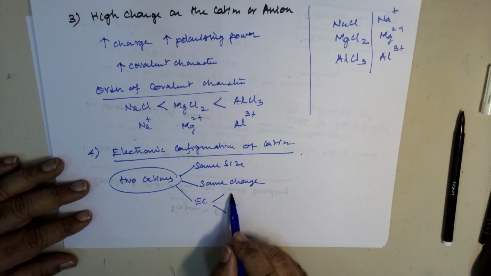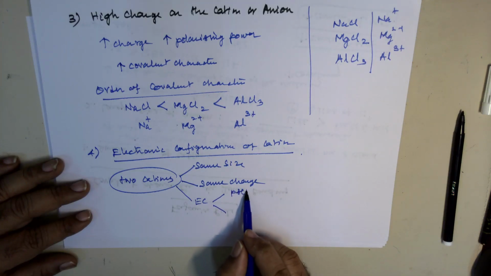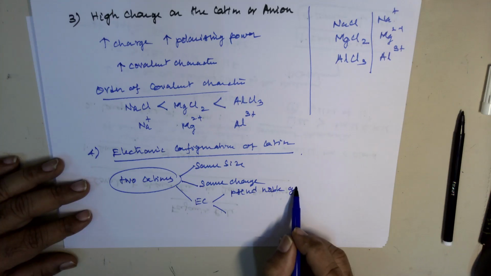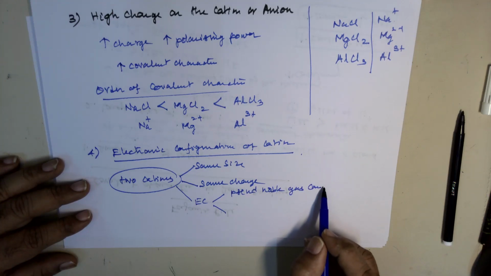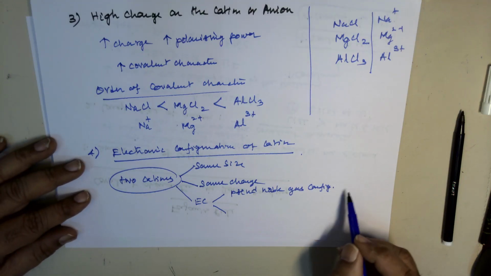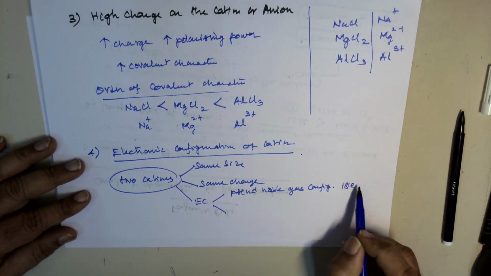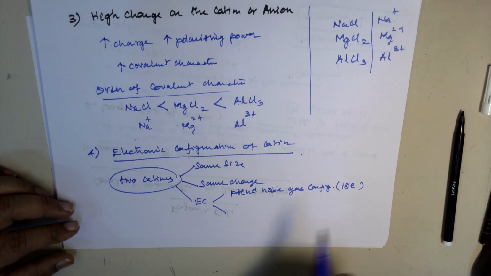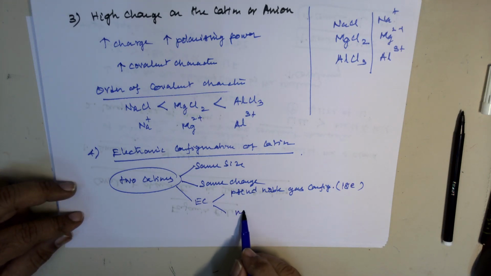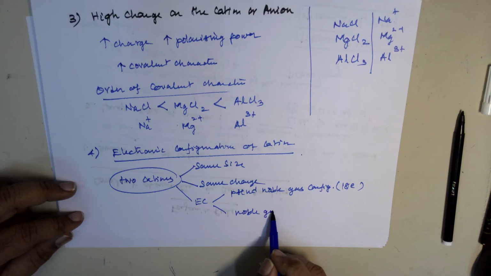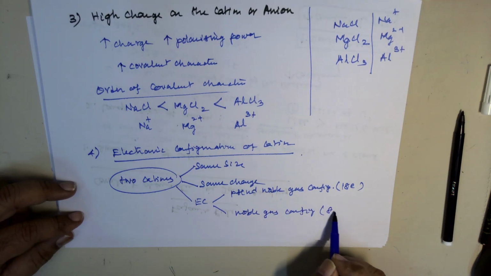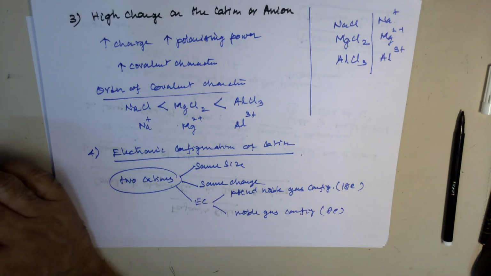One is pseudo, meaning false, pseudo noble gas configuration. This means 18 electrons in the outermost shell, right? Then noble gas configuration, so here an 8 electron system in the outermost shell.